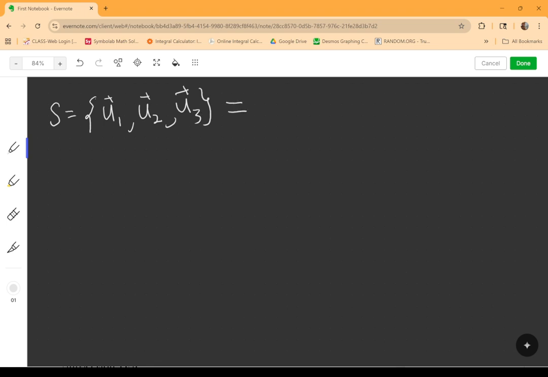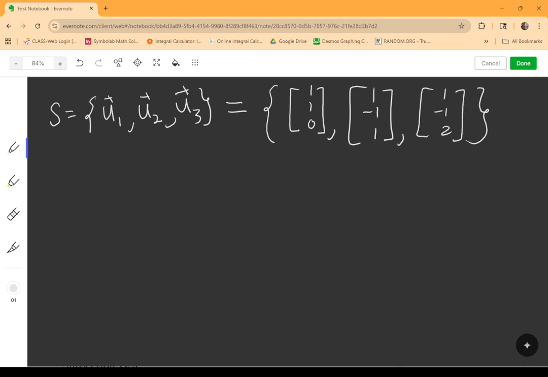And the vectors are defined as (1, 1, 0), (1, -1, 1), (1, -1, 2). And I want to ask, is S orthogonal?